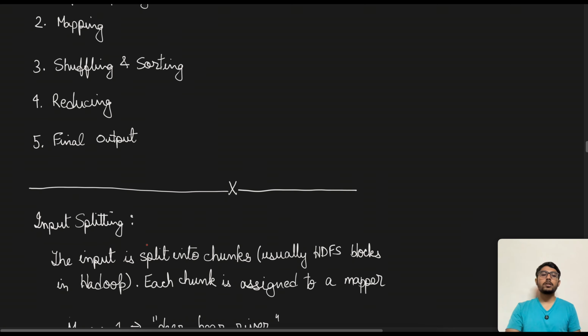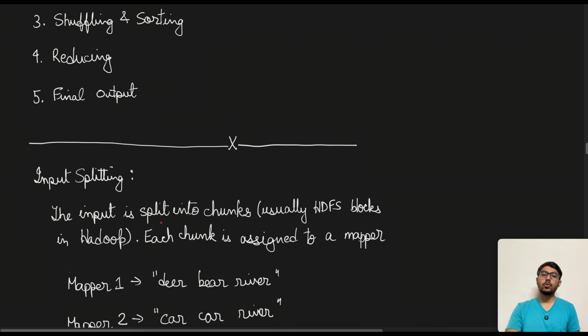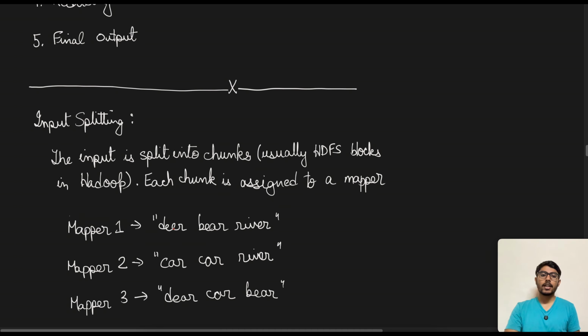So the input is split into chunks, right? The data set which I was talking about is split into chunks, usually HDFS blocks, which we'll see in the video down below, in Hadoop, and each chunk is assigned to a mapper. Let's say mapper 1 has been assigned deer beer river, mapper 2 car river, and mapper 3 deer car beer. Now one thing I'll say here is that it is not necessary that each document be given to one mapper.